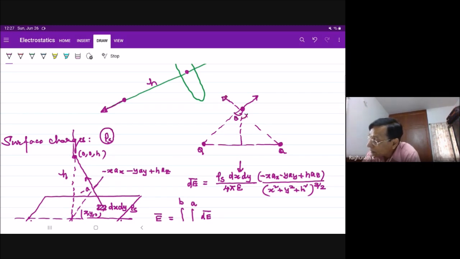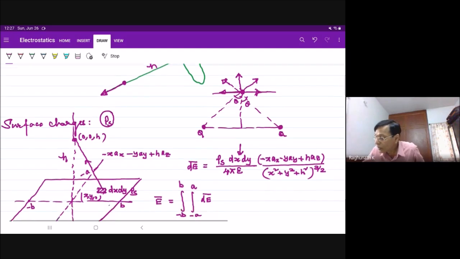This theta is same as this theta, because of which there will be only a non-zero field component along the perpendicular bisector. Along the line, net field is 0 because there are two equal and opposite components.